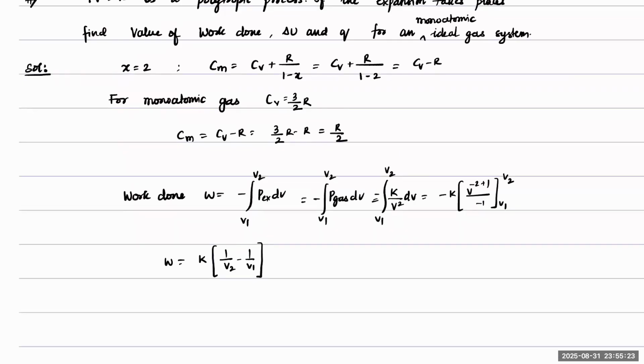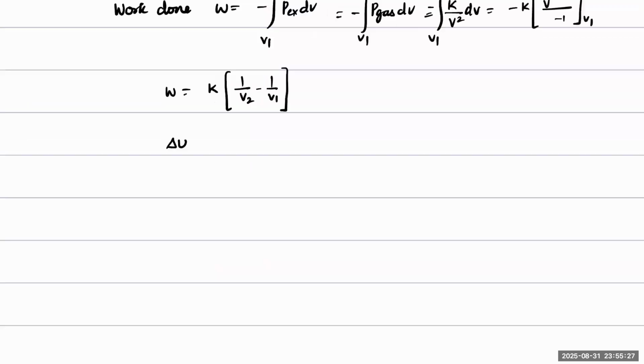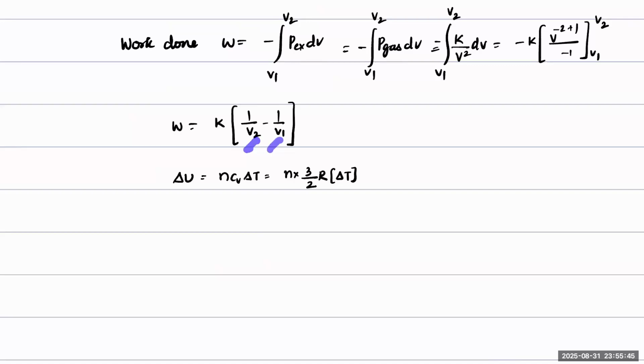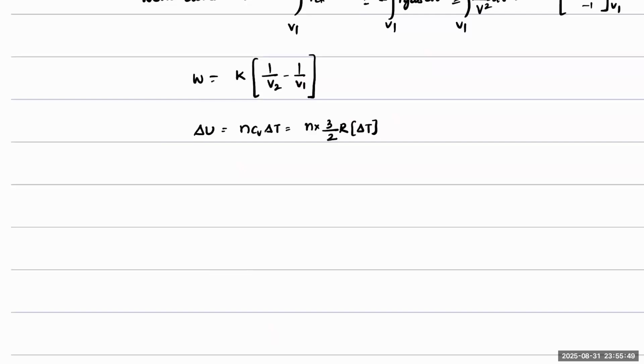Okay. Delta U will still be the same, which is equal to n Cv delta T. So n into 3 by 2 R into delta T. So delta T can also be predicted based on whether V1 and V2 values are given. If those values are given, you can calculate delta U. And you can also say what the Q value is.